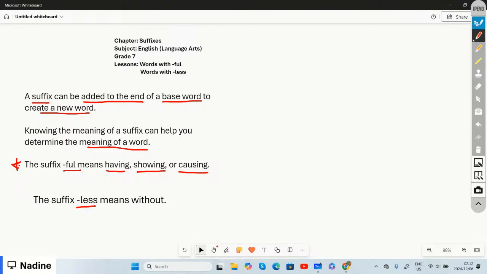And this suffix less means without. So if you add less to a base word, it will create a new word as well as a new meaning, because now it would mean, for example, your base word without something, or without something. That is what it will mean.